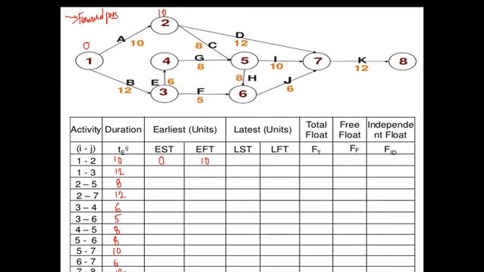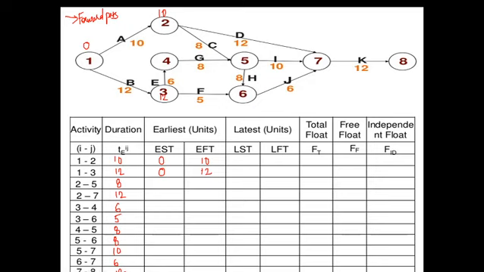Next activity 1 to 3. Event 1 is 0, and 0 plus 12. The earliest start time is 0. Earliest finish time is 0 plus 12, which is 12. Instead of writing it above, I am writing 12 over here.